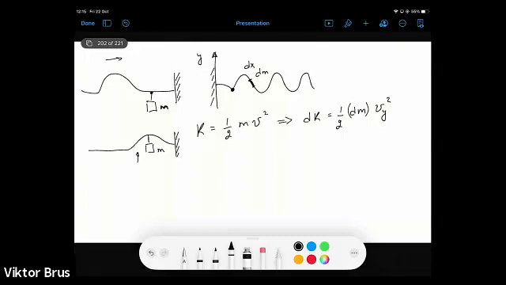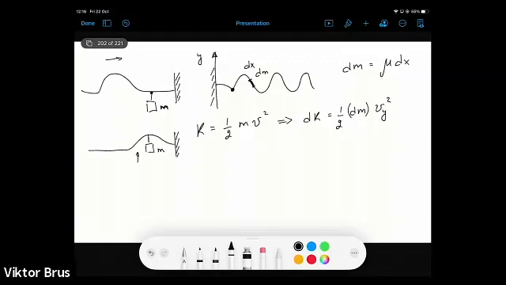Also, dm would be equal to the linear density, assuming it's uniformly distributed along the whole string, times dx.